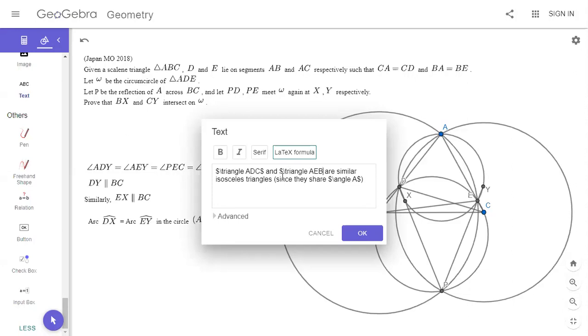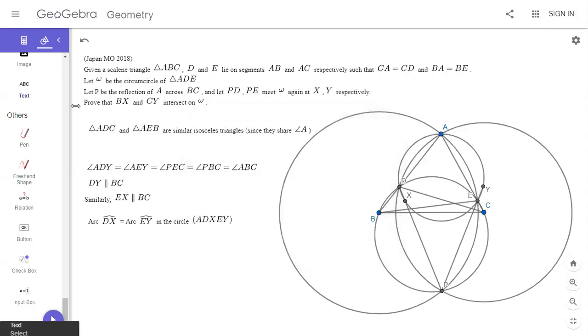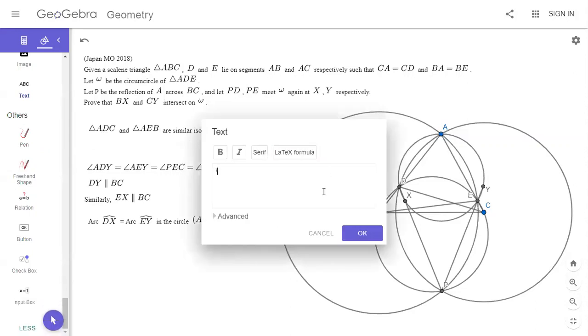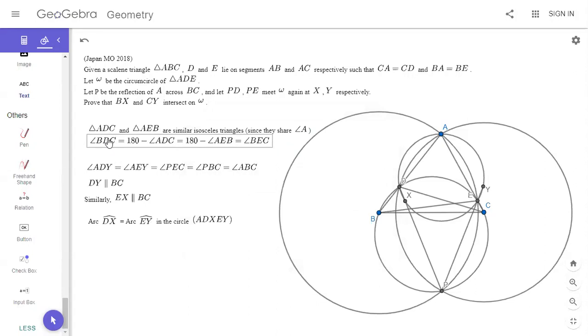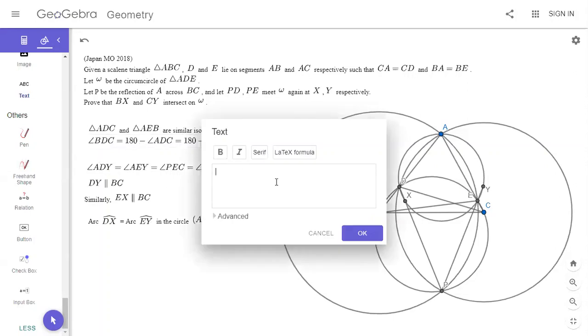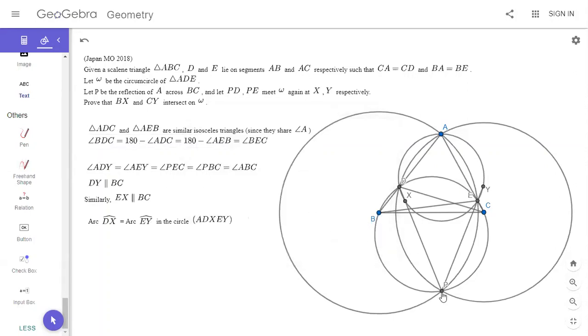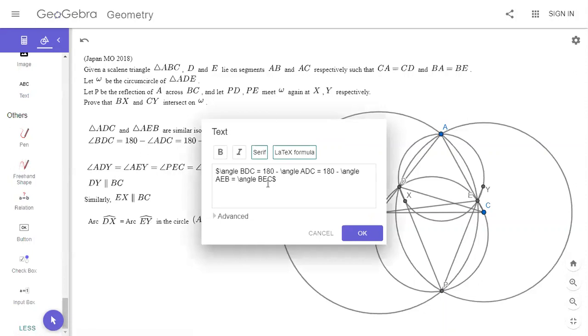So that means that angle BDC equals 180 minus angle ADC, 180 minus angle AEB, which is angle BEC. And so that means that BDEC is cyclic. I'll write it out like this.